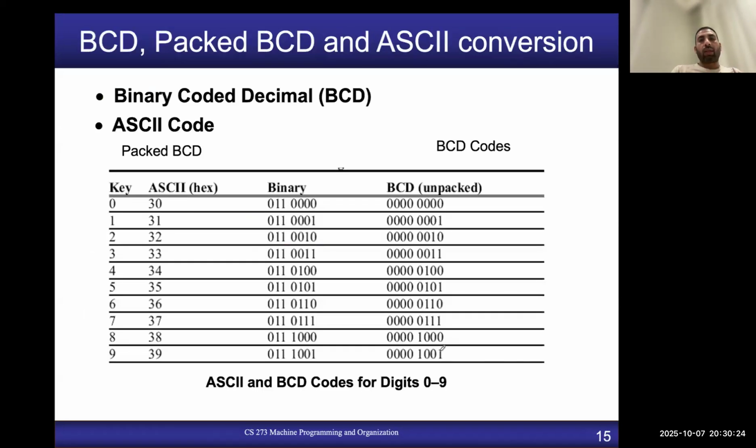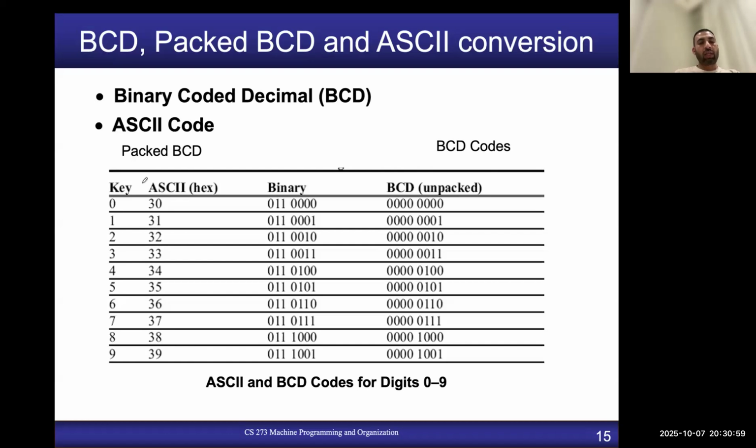Okay, so let's talk about BCD, packed BCD, and ASCII conversion. Before talking about ASCII conversion, we first need to ask what a binary coded decimal number is. Let's first talk about ASCII. For example, let's say you are sending data from your keyboard on your computer to the AVR microcontroller, reading the data through the serial port.